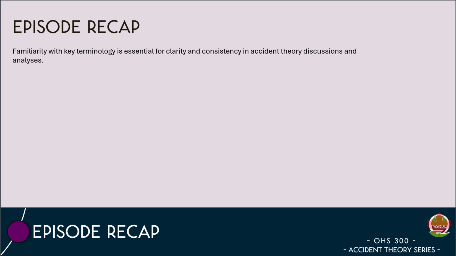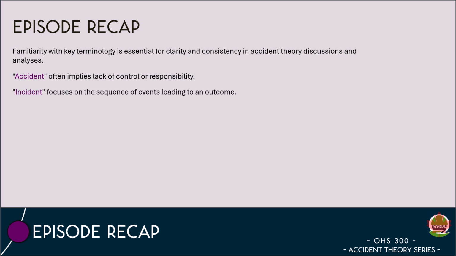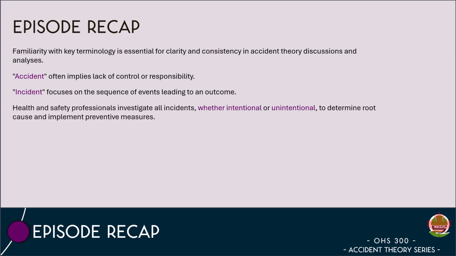Understanding accident theory requires familiarity with key terminology to ensure clarity and consistency in discussions and analyses. The distinction between accident and incident is critical, as the former often implies a lack of control or responsibility, whereas the latter focuses on the sequence of events leading to an outcome. Investigation of all incidents, whether intentional or unintentional, are important to determine causes and implement preventive measures.